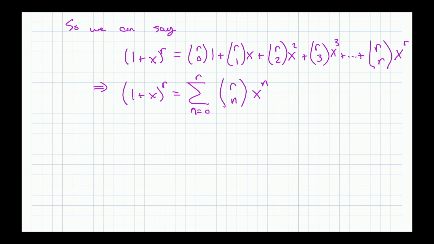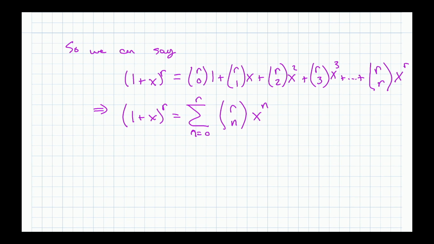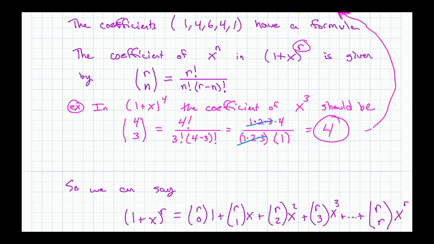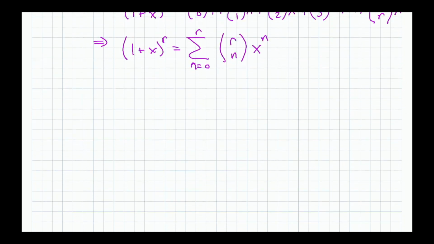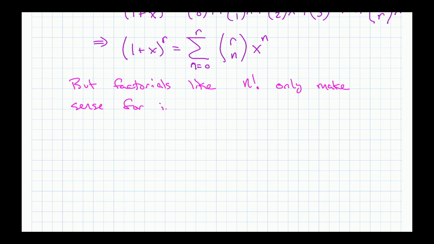But then what we can do is actually extend this, because what we did here would only work if r was an integer, right? Because these factorials only make sense when r is an integer. Factorial only makes sense for positive integers, or at least non-negative.